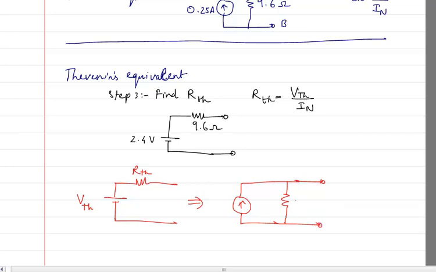We have to find Rn. Well, Rn is the same as Rth. This is the Rth. What about current? Current will be Vth divided by Rth.